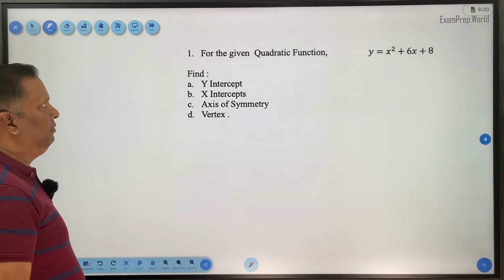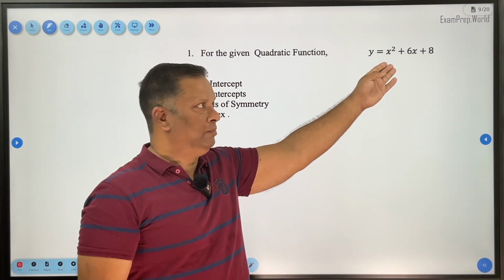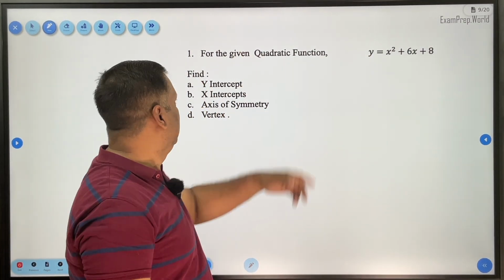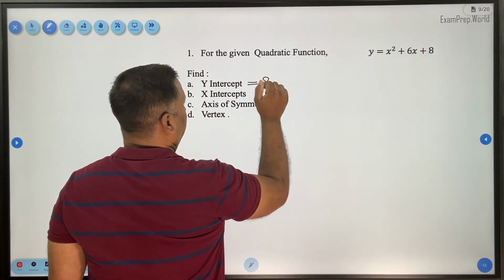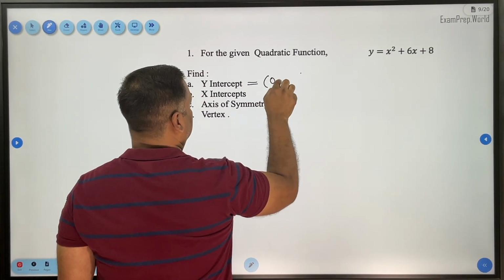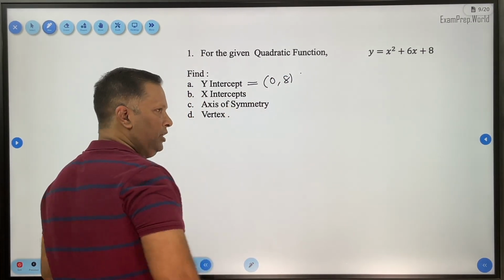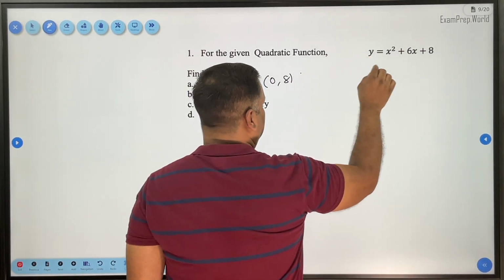So, the quadratic function is given, in which form is it? Standard form. So, the y-intercept I can write directly, it is 8, or in coordinate form, I will write (0, 8), because the coordinate form is better, right. X-intercepts, we have to factorize this.